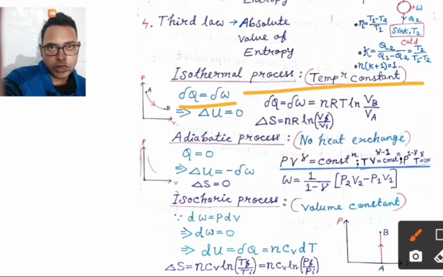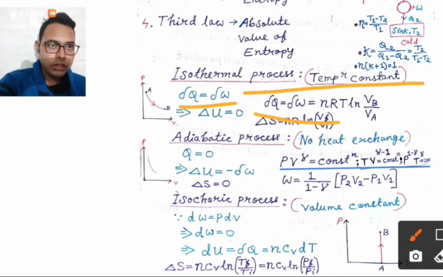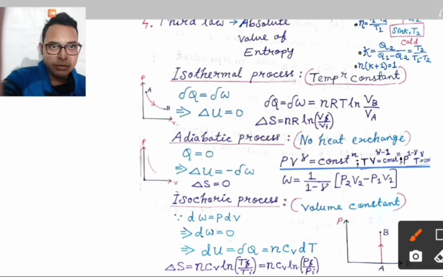The heat given to the system will be used to do work. So work done is equal to nRT ln Vb by Va, and change in entropy is equal to nR ln Vf by Vi. Okay, these are very important relations, they come frequently in exams.